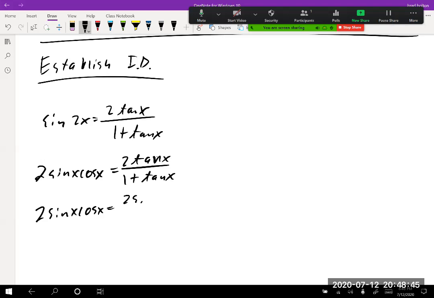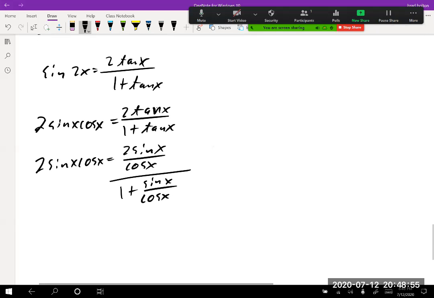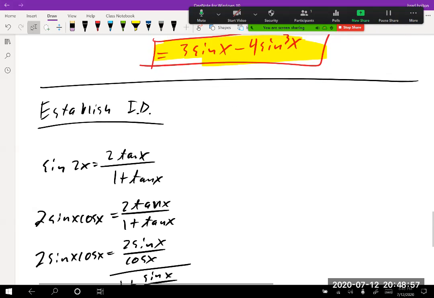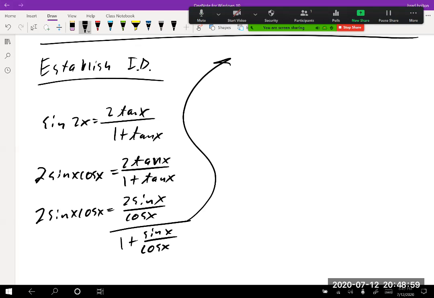So this would be 2 sine x over cosine x divided by 1 plus sine x over cosine x. And again, I don't know how bad this is going to get. Let's see. 2 sine x cosine x. And I'll just put over 1 because it may come in handy.